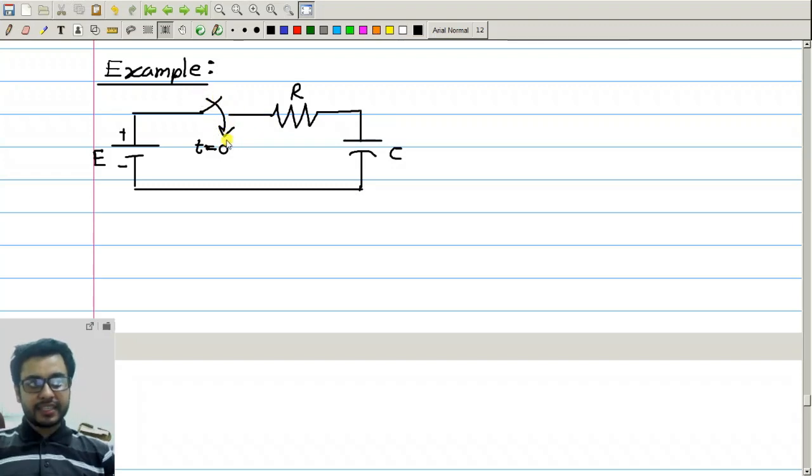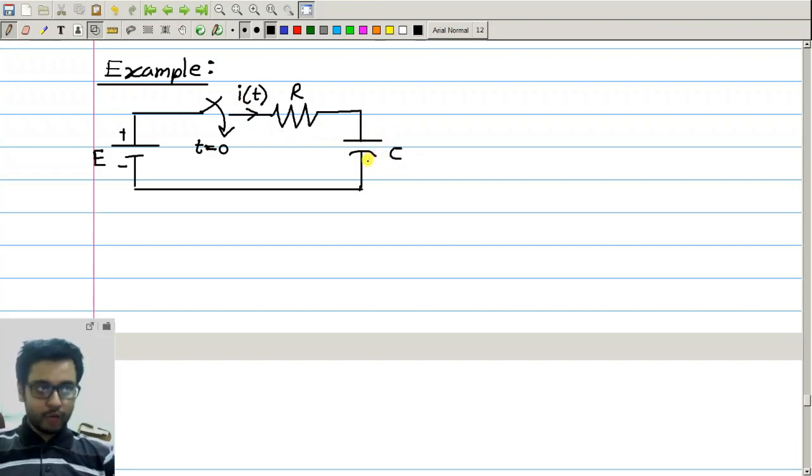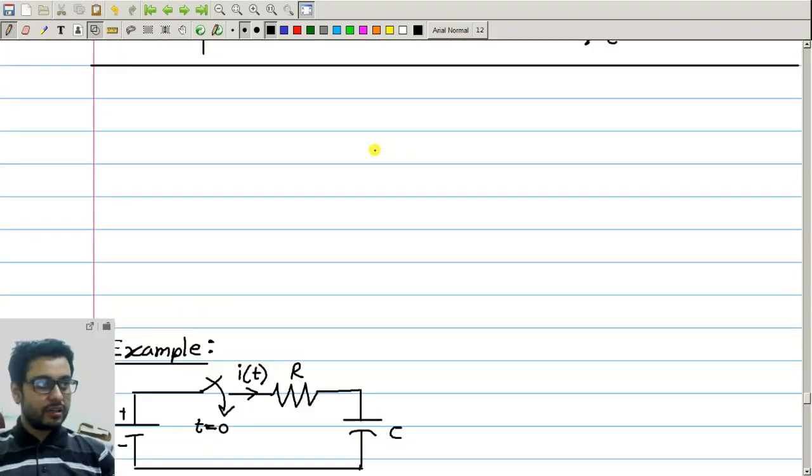If that is the case, then a current i(t) will flow. How that current varies or how the voltage across this capacitor varies, we will find out. But before that, let us just briefly recall the relation between the voltage and current for a capacitor.